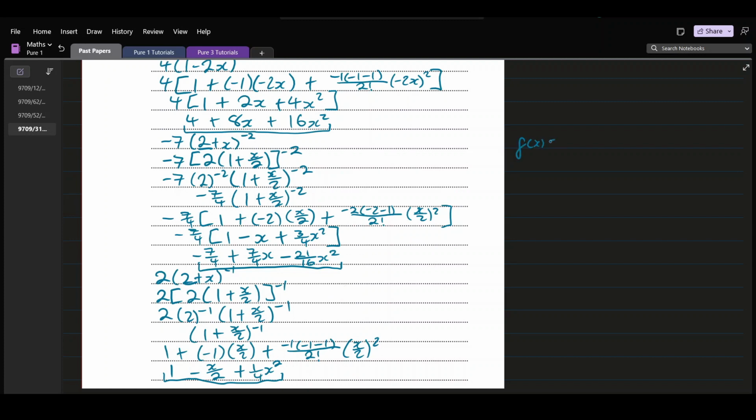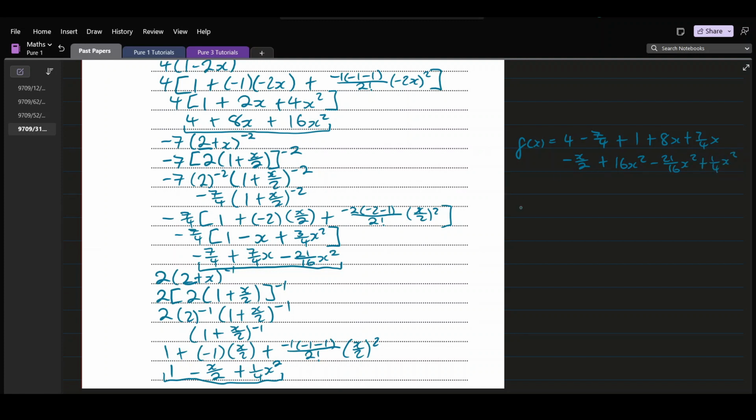So we've got f of x is equal to, let's start with the terms independent of x, so that's 4 minus 7 over 4 plus 1, and then we have the terms in x, that would be 8x plus 7 over 4 x minus x over 2, then the terms in x squared, that's 16x squared minus 21 over 16 x squared plus a quarter x squared.